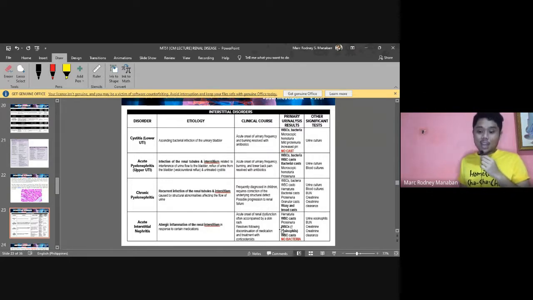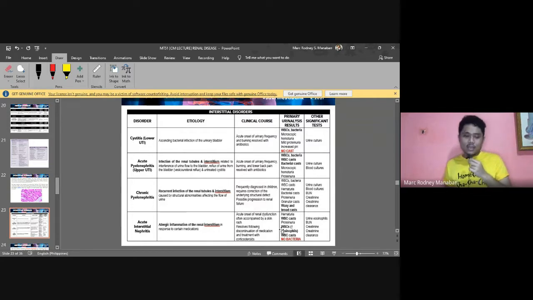And as you can see, there is no bacteria, because we mentioned that the cause is not bacteria, but rather allergy, allergic reaction, rejection of a renal transplant. So therefore there is no bacteria. And this is called sterile leukocyturia. The WBCs are high but there is no bacteria.